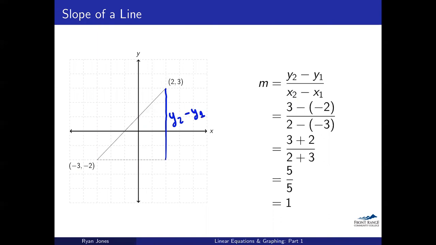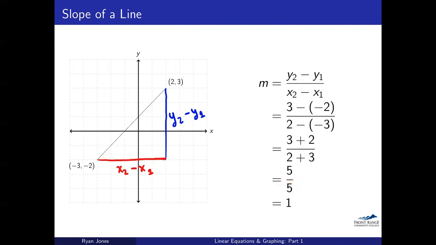You could count 1, 2, 3, 4, 5. Notice that I end up with a 5 up here on the top. And then you're looking at the ratio between that in the blue and how much you travel horizontally in the red. And again, you could count 1, 2, 3, 4, 5, and notice how we end up with a 5 here on the bottom.